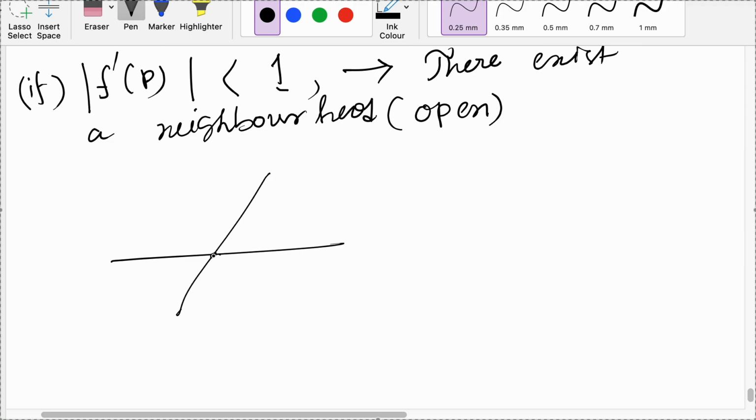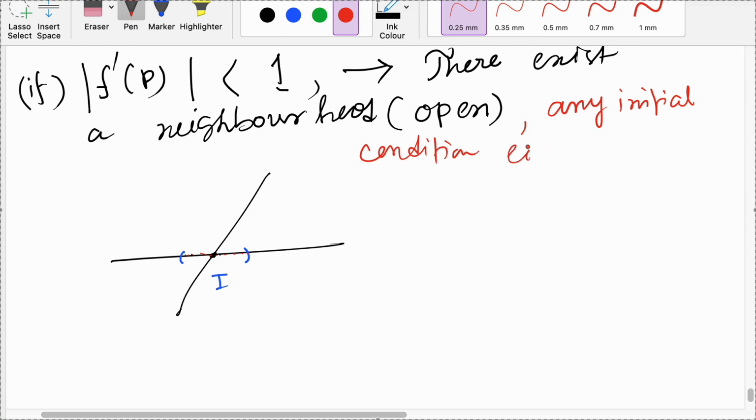You will have an open interval I, an open neighborhood, and any initial condition in between this open interval will asymptotically reach the fixed point.